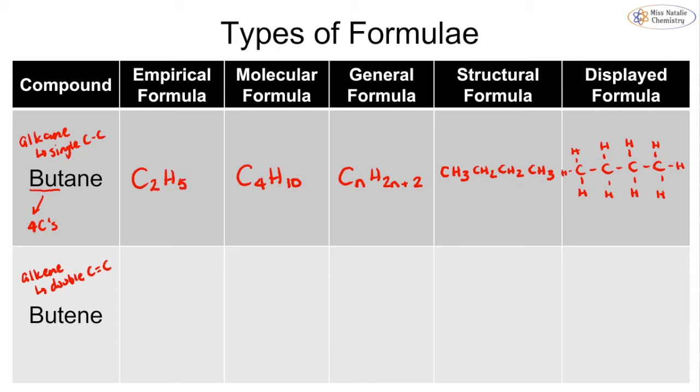Now for butene, we have at least 1 double bond here. So what I'm going to do is I'm going to start again with my displayed formula, and I'm going to draw my 4 carbons, and I'm going to form a double bond with one of them, and I'm just going to keep it at the start here. Now I do the same thing, and I make sure that all the rest of my carbons have got 4 bonds, and I do this by adding in hydrogens.